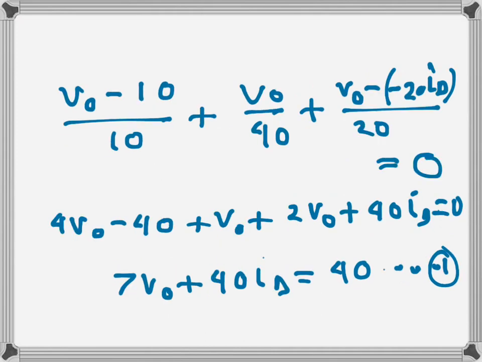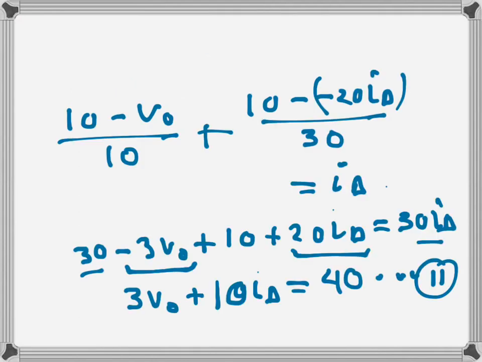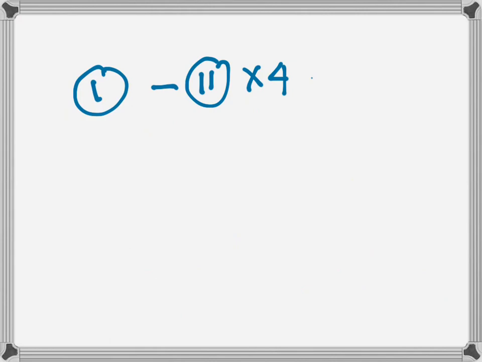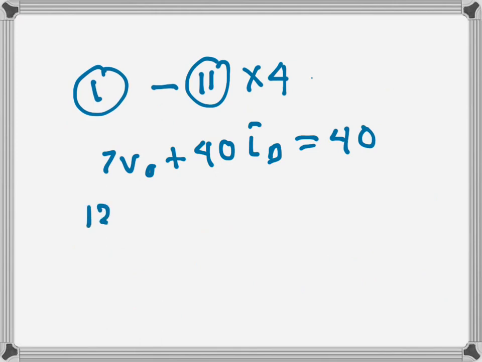Now we can multiply, so 1 minus 2 times 4, that's what we can do. Doesn't matter which way. We have 7 V naught plus 40 I delta equals 40, and then we multiply the other equation so we have 12 V naught plus 40 I delta equals 160.